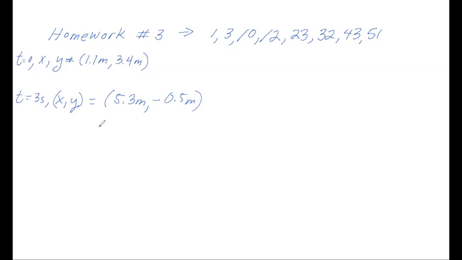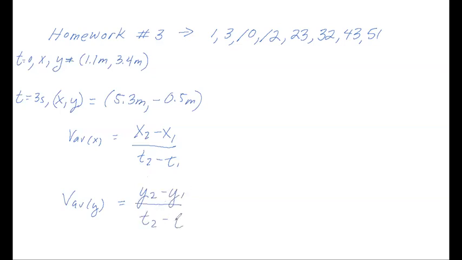All right. So for the X component, the average V sub X is going to equal X final, or X2 minus X1 over T2 minus T1. And V average Y is going to equal Y2 minus Y1 over T2 minus T1. So that's going to equal, let's see, 5.3 minus 1.1.